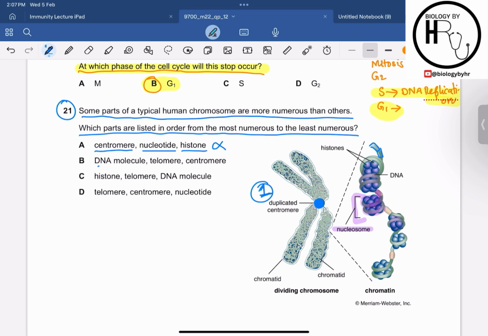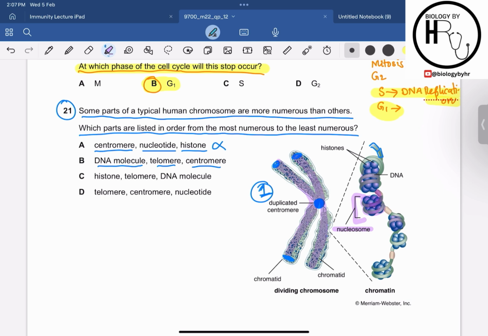Then if I talk about DNA molecules, telomeres and centromeres, we know that the centromere is one per chromosome. Telomeres are more numerous than the DNA molecules, right? Why? Because if I talk about just one chromosome over here, we have two telomeres per chromatid, and this is the duplicated chromosome, so it has gone through the replication stage.